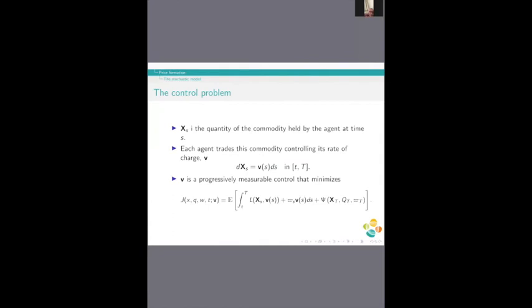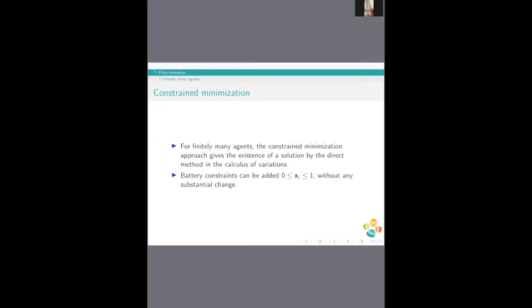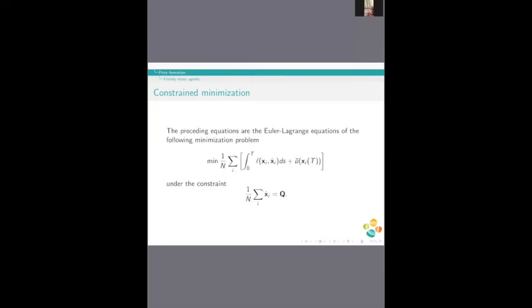And in fact, there is a nice variational principle, which is this: the agents are actually minimizing the costs. I mean, this should be L0.